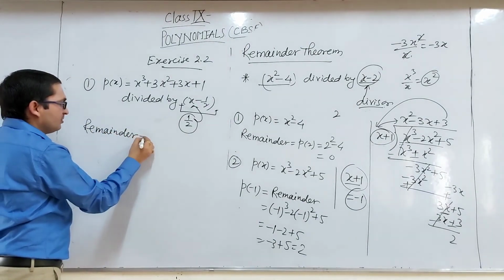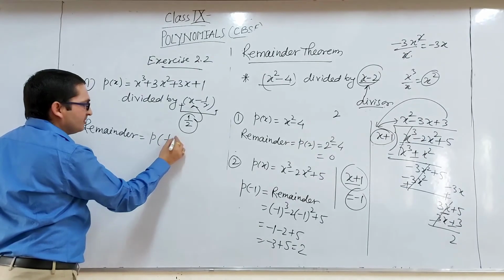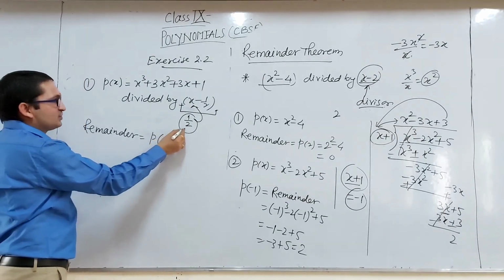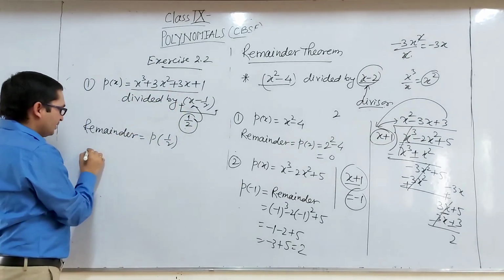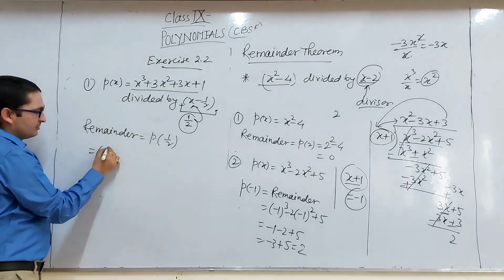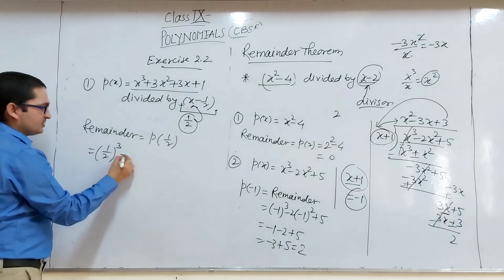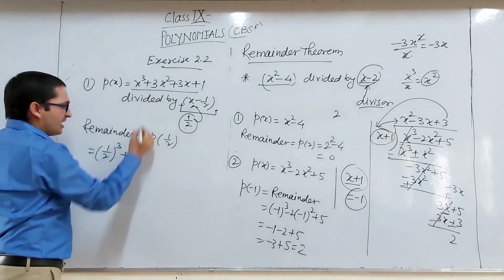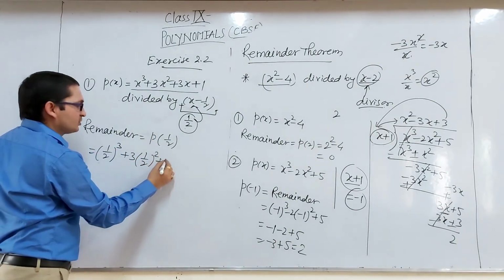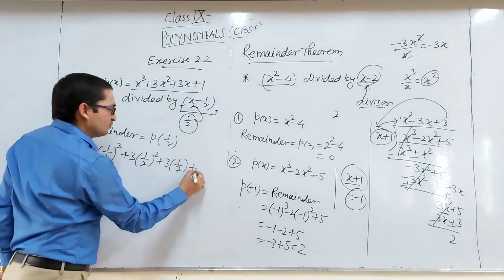equal to P(1/2). P(1/2) is: instead of x you are going to put half over here. This is the x cube, so instead of x we take half, then plus 3 times half square, plus 3 times half, plus 1.